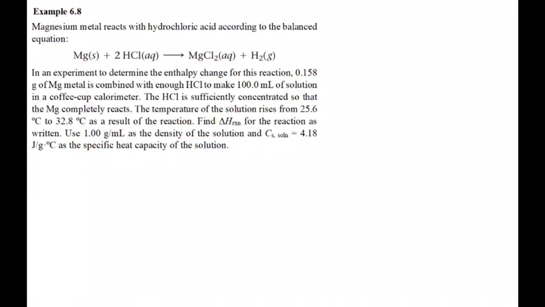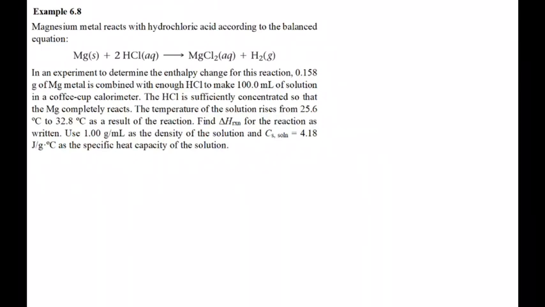All right, so let's look at an example here. Magnesium metal reacts with hydrochloric acid according to this balanced chemical reaction equation. Solid magnesium reacting with hydrochloric acid releases hydrogen gas and magnesium chloride. In an experiment to determine the enthalpy change for this reaction, 0.158 grams of magnesium metal is combined with enough hydrochloric acid to make 100 milliliters of solution in a coffee cup calorimeter.